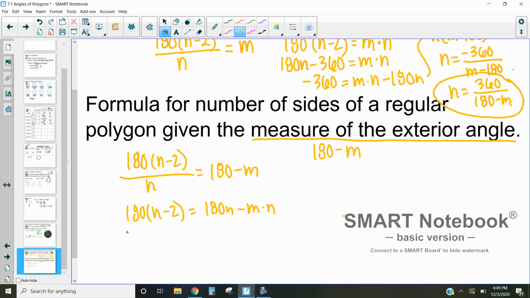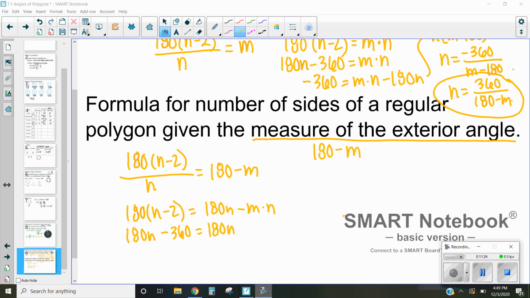And then I'm going to distribute this out, so I get 180n minus 360 equals 180n minus m times n.